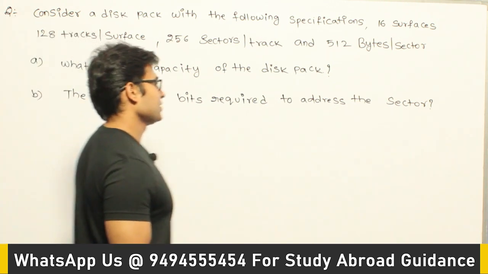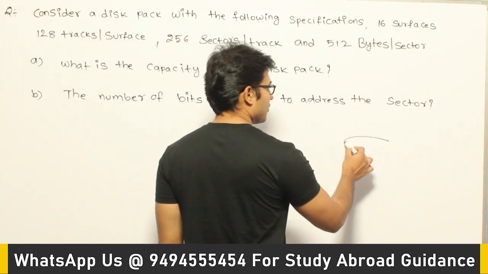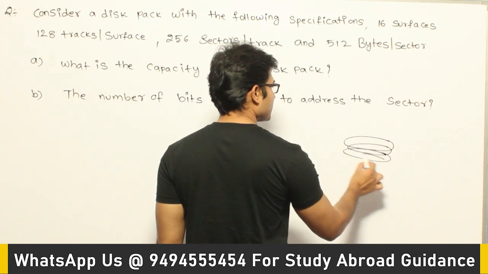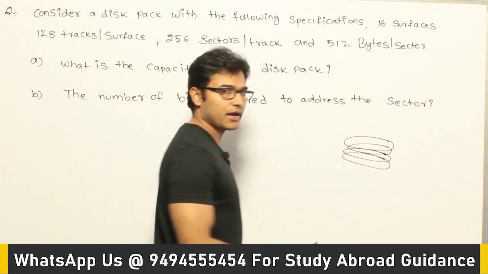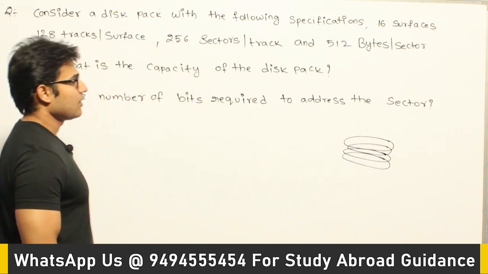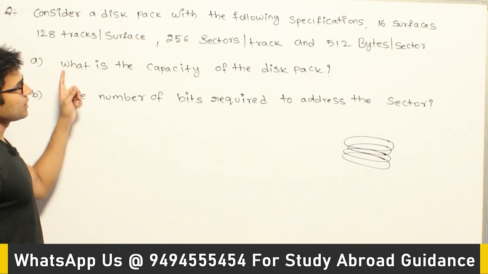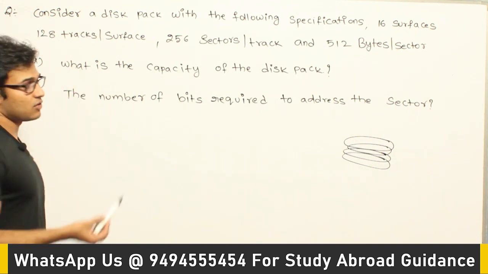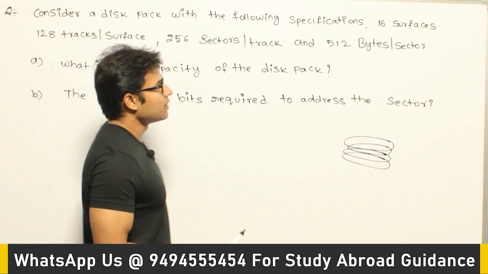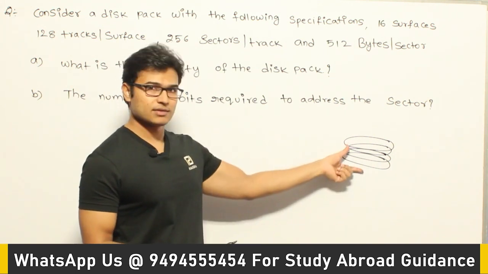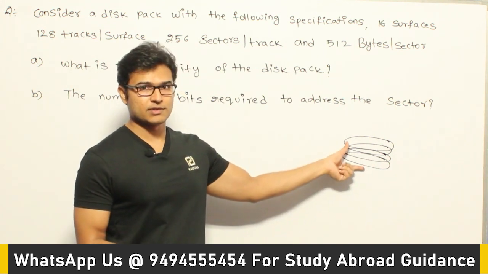So what is a disk pack? You can imagine it as hard disks kept one on top of the other like this. This is called a disk pack. Now they are saying that there are 16 surfaces. How do we get 16 surfaces? If you have, let's say, 8 disks in this, then each one is going to give you 2 surfaces, right?